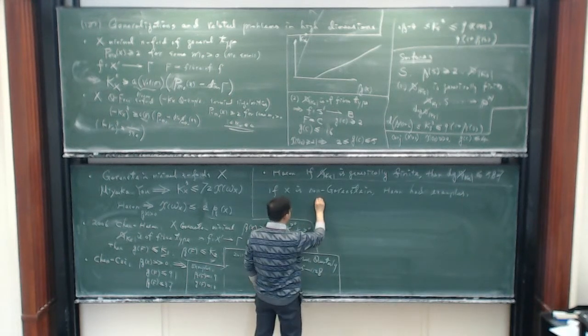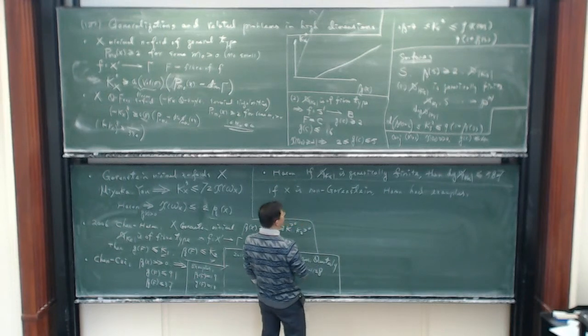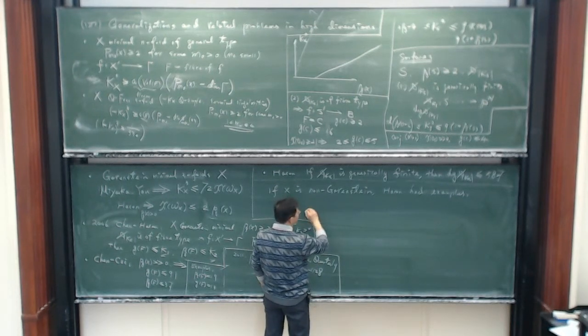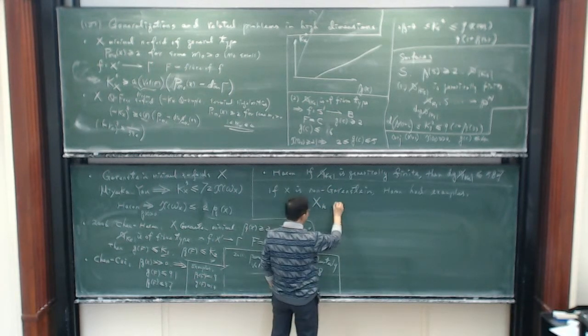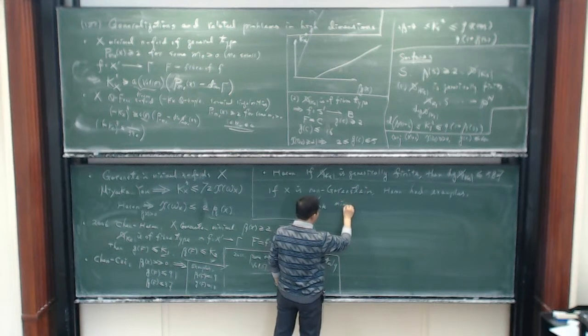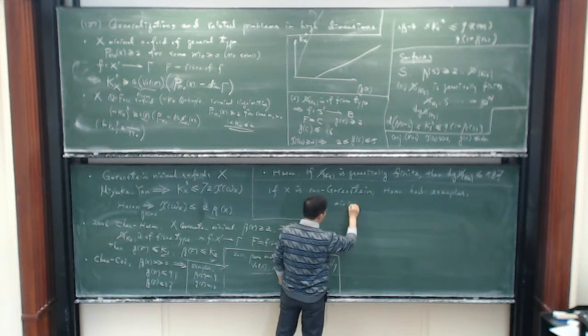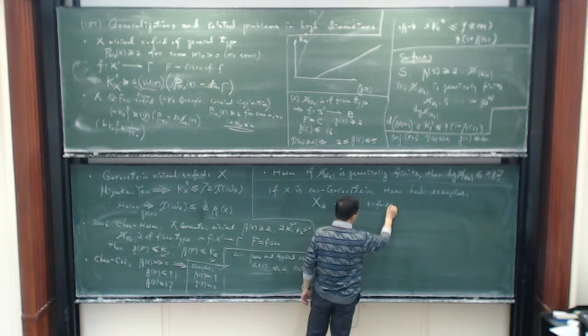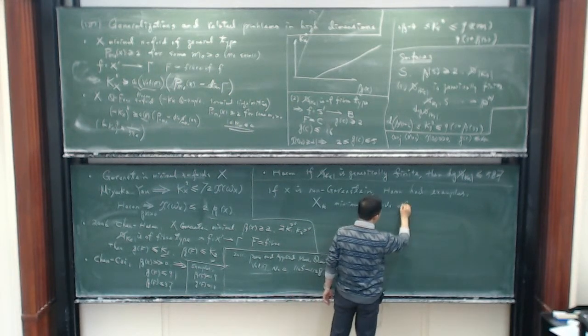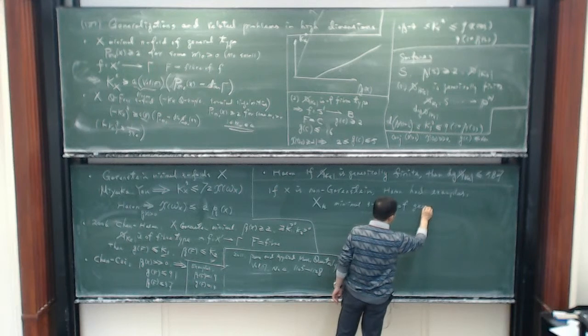These examples satisfy this property. He has a family of examples X_k. These are minimal threefolds of general type.